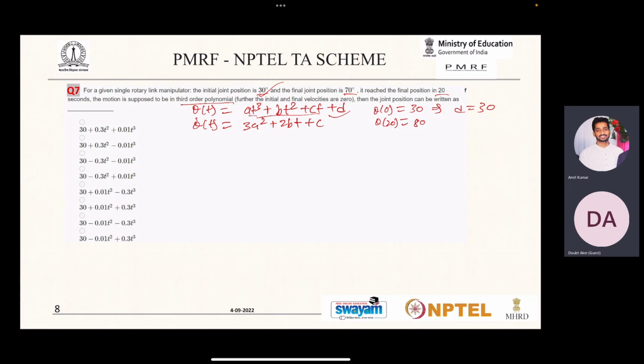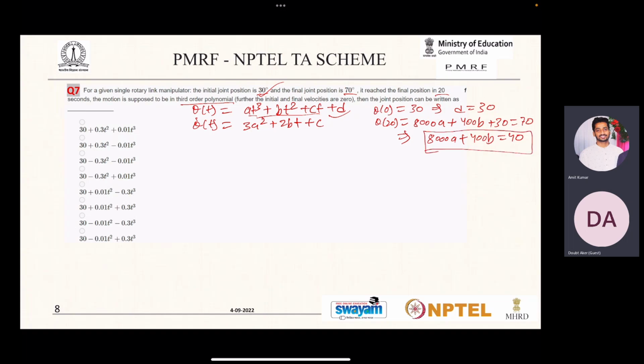You will get 8000a plus 400b, as the time is 20, plus 30, that is d, equals 70. So if we simplify, 8000a plus 400b equals 40, right? So this is one of the equations.